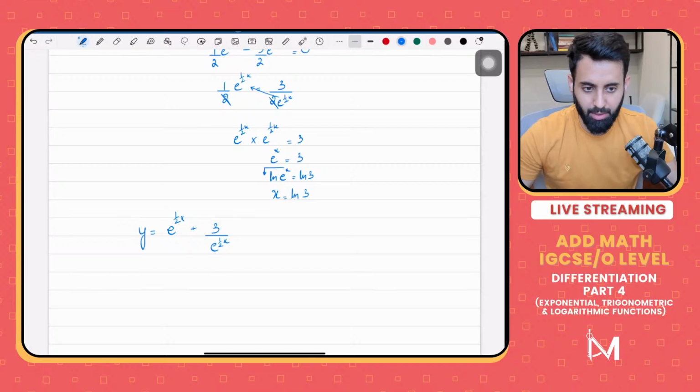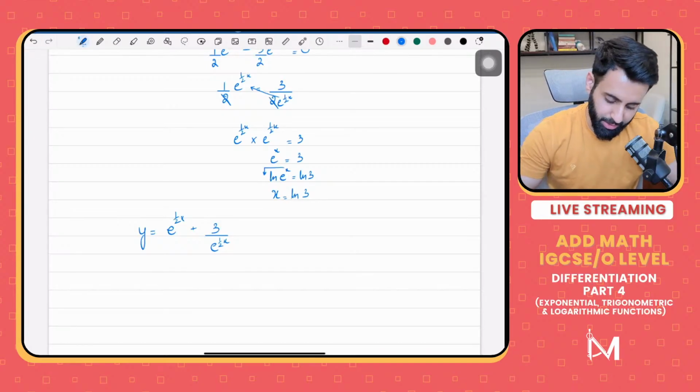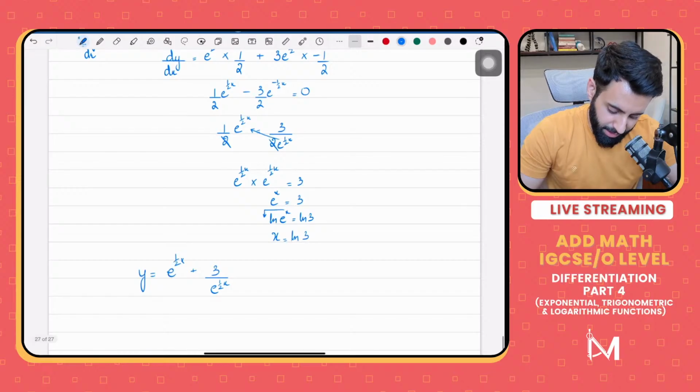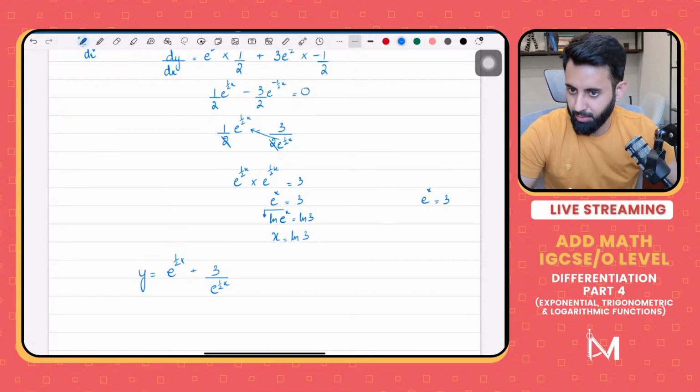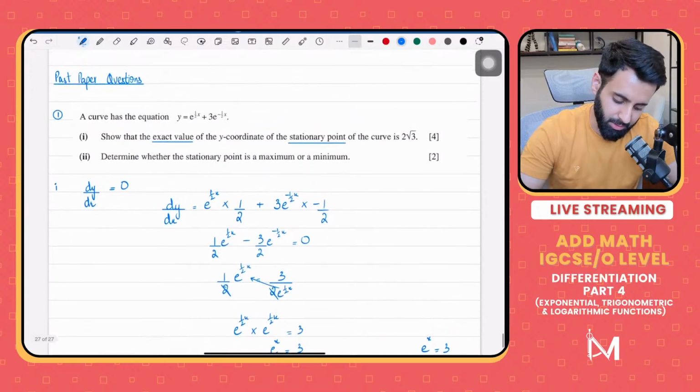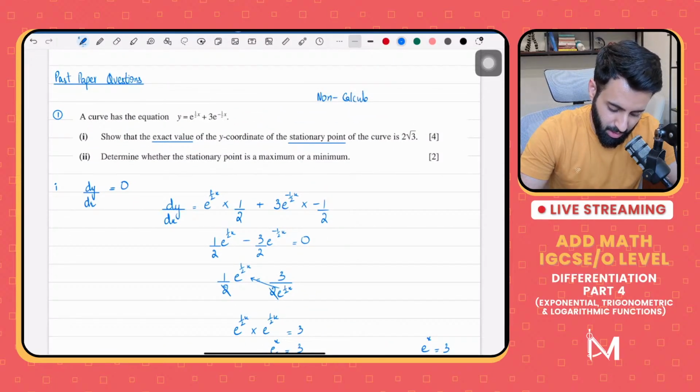Now imagine that we're not supposed to use a calculator. Notice that earlier we got e power x equals 3. So do not use a calculator in this question, so that we can practice non-calculator paper at the same time.